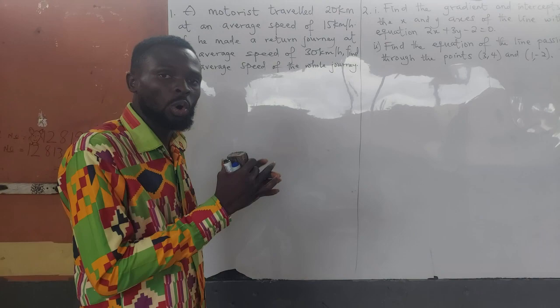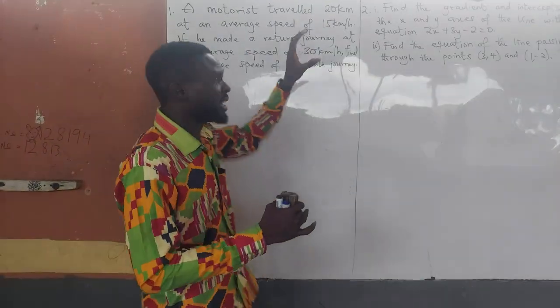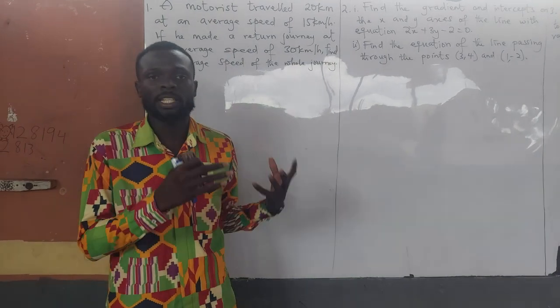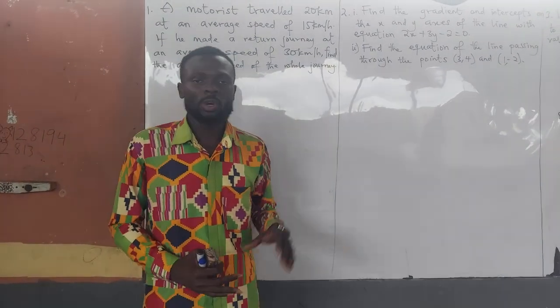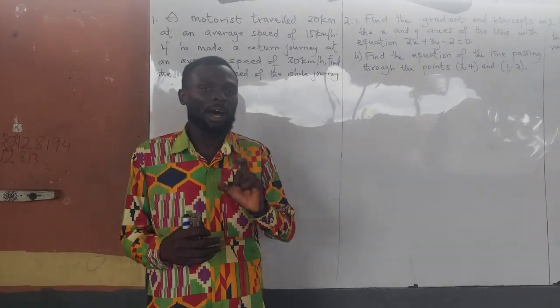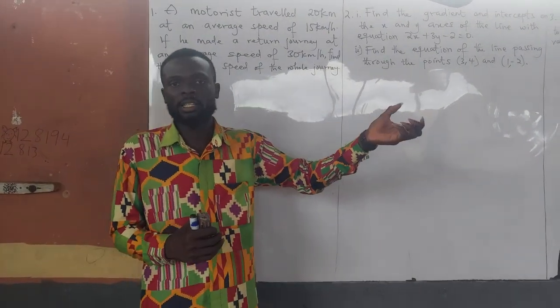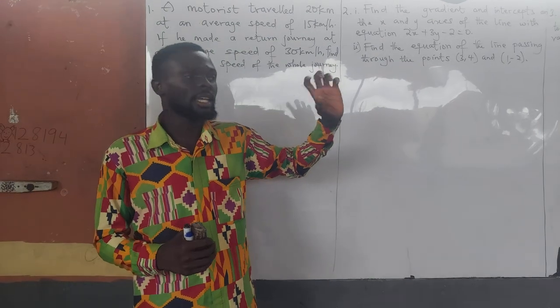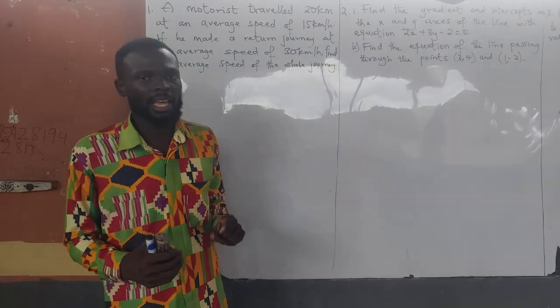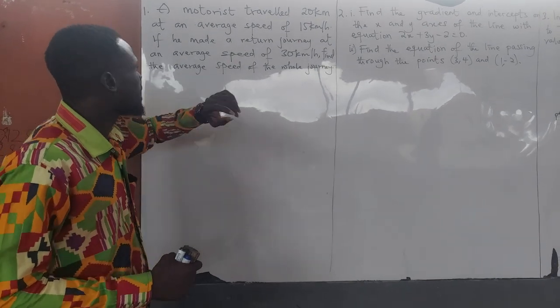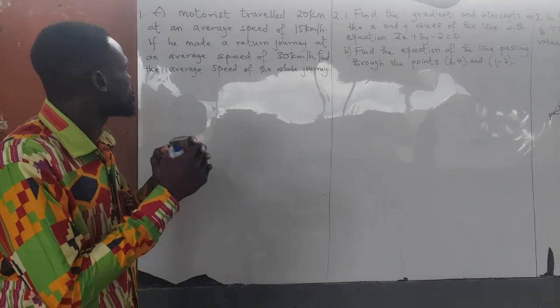the whole journey. So this is under rate, which we have average speed, distance, and time. Here it is specifically a return journey. So the motorist made the journey, got to wherever he was going, and he returned again. So let's see how we can calculate the average speed.